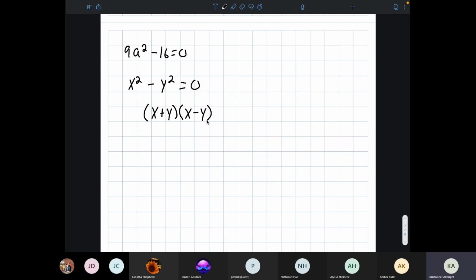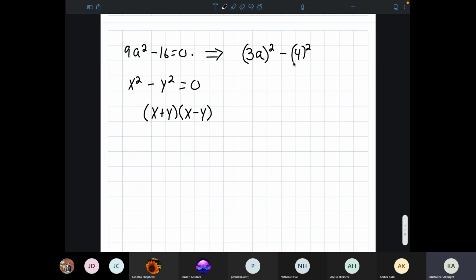So we can rewrite this as something squared minus something squared. So let's try. We have 3a squared minus 4 squared. So my x is 3a and my y is 4.